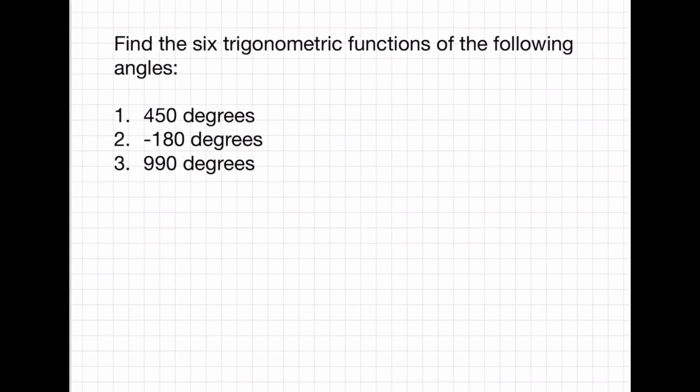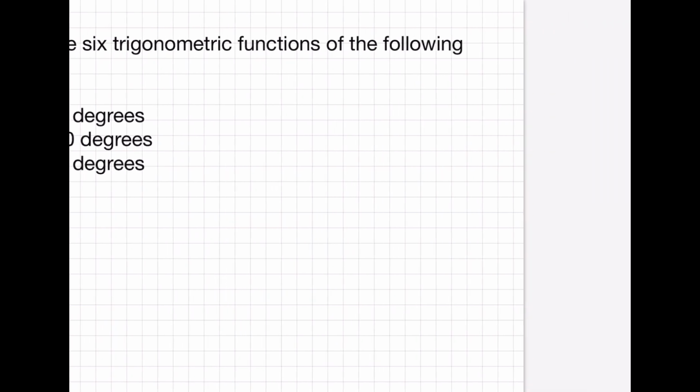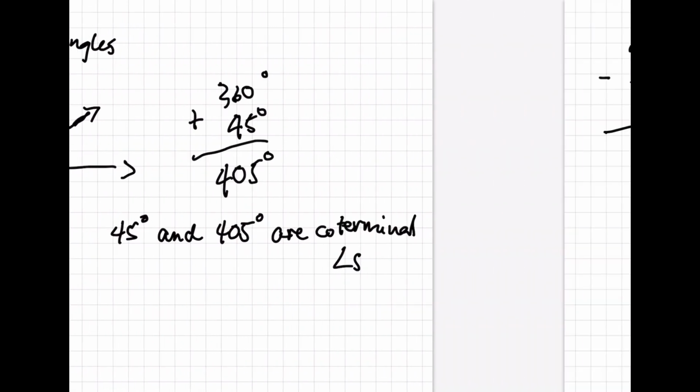Now we move on to the next angle, negative 180 degrees. So I would make this one an angle that's between 0 and 360 degrees. So how do we do that? We have negative 180 degrees. First is to make it positive. So how many 360 degrees do you think we should add to make this a positive value?